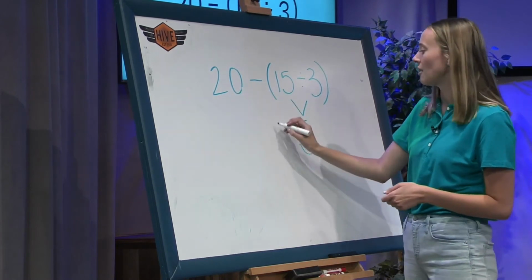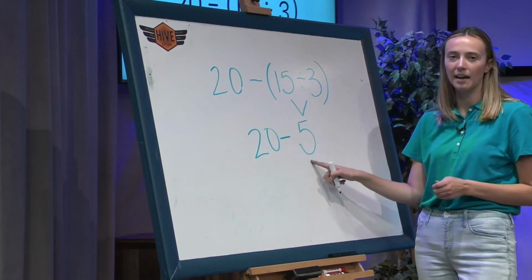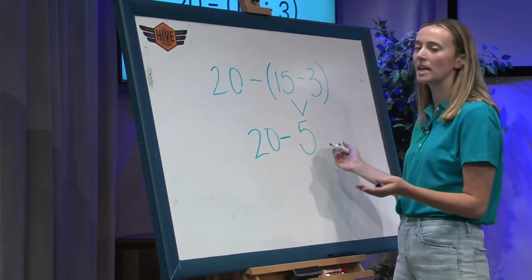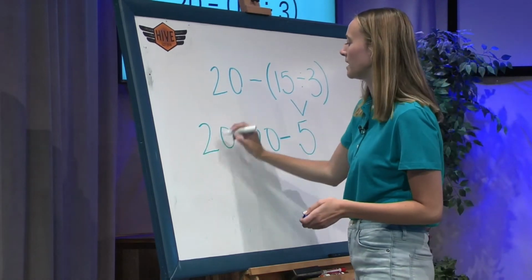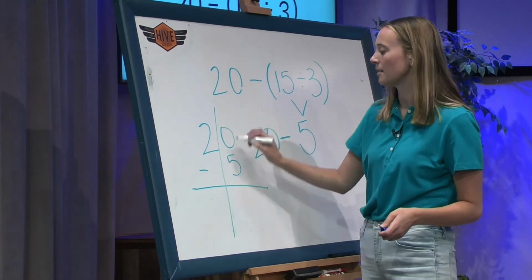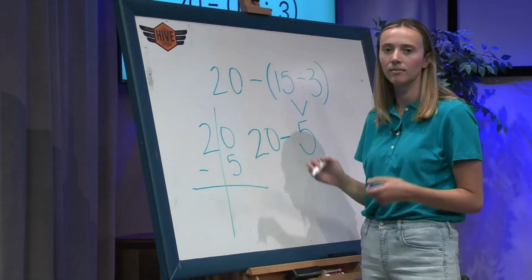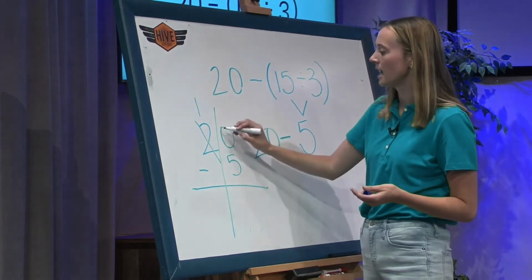Now let's drop this down. What is 20 minus 5? And I just want to show you 20 minus 5 if we do it like this, just so we can practice this. So let's split it up. What's 0 minus 5? We can't do it. We need to take away from the 2, make that a 1, and then carry this.